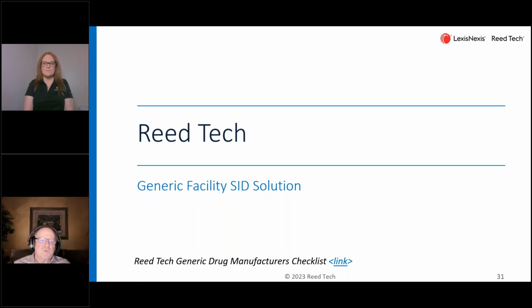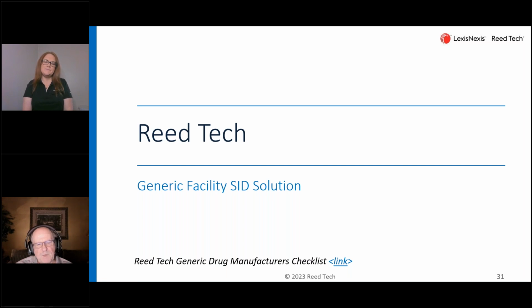So you're in this window, or if you want to switch to a different method, it has not been working for you, and maybe there are some labor-intensive activities that you just prefer not to get into, there is this opportunity to work with Reed Tech and change the way in which you meet this particular requirement.